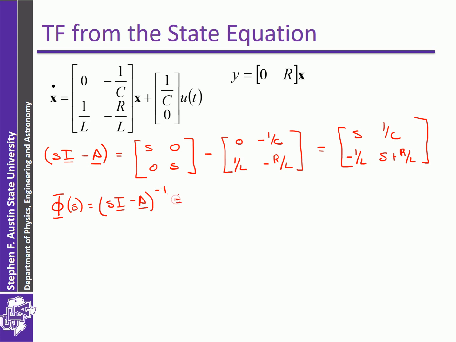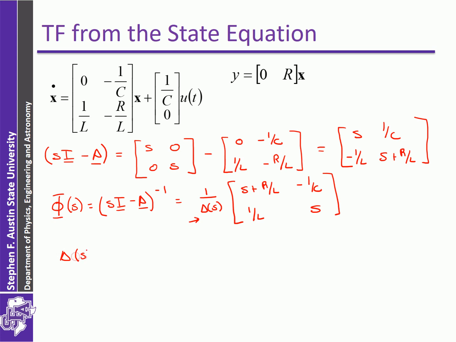Using Cramer's rule, this is going to be equal to 1 over delta of S times S plus R over L, minus 1 over C, 1 over L, and then S. Here we define delta of S as the determinant of our matrix.